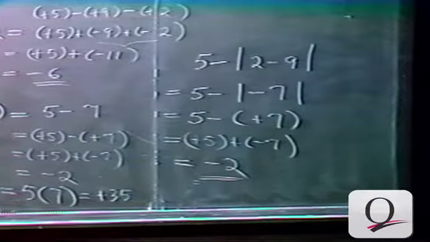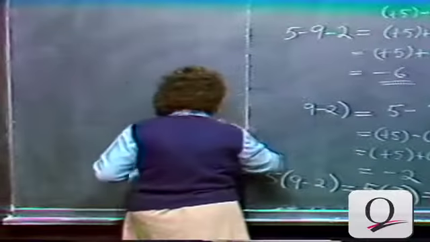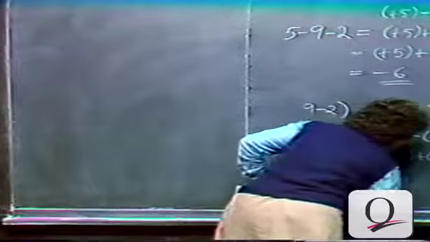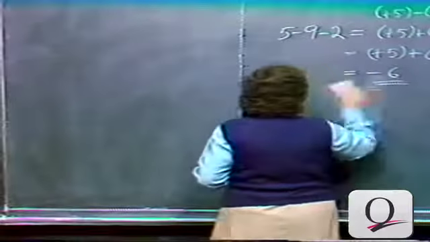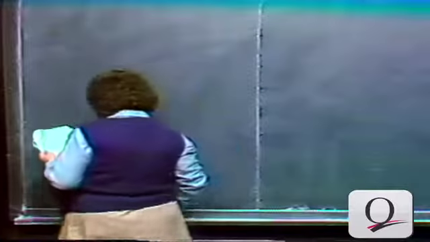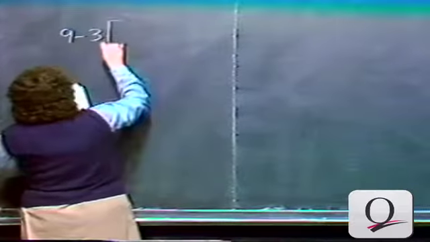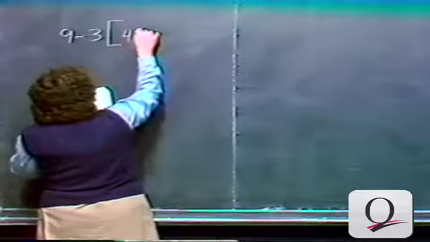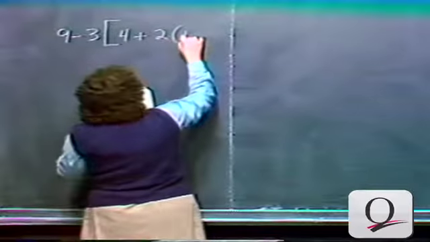For our last problem, let's try the following. 9, take away 3, bracket, 4 plus 2, open parentheses, 1 minus 6, close parentheses, close bracket.